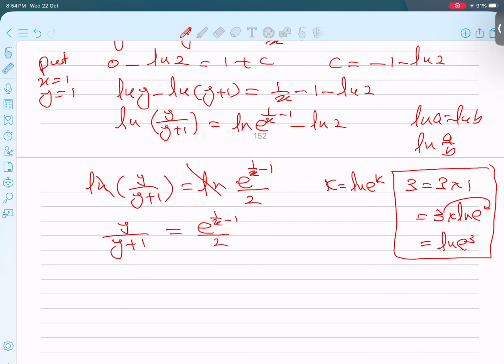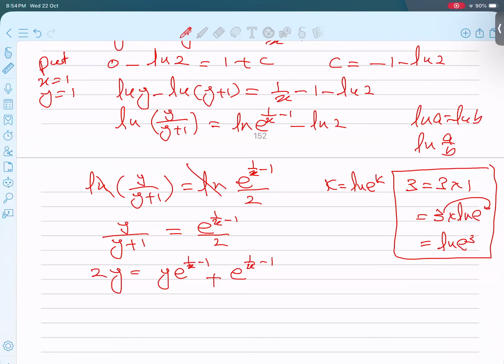So have a look, cross multiply. When cross multiplying, this goes there, this goes there. So I'm getting 2y is equal to y plus 1 multiplied by e to the power 1 by x minus 1. Multiply y times e to the power 1 by x minus 1, and plus 1 multiplied with the same thing, I get e to the power 1 by x minus 1.